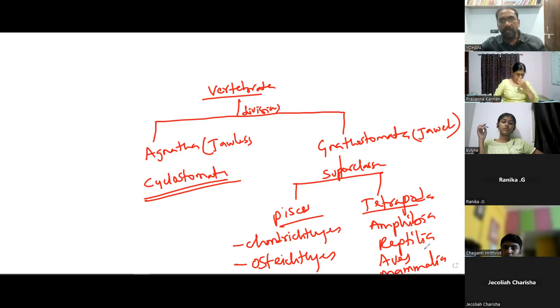Aves and mammalia are homeotherms or warm-blooded animals.